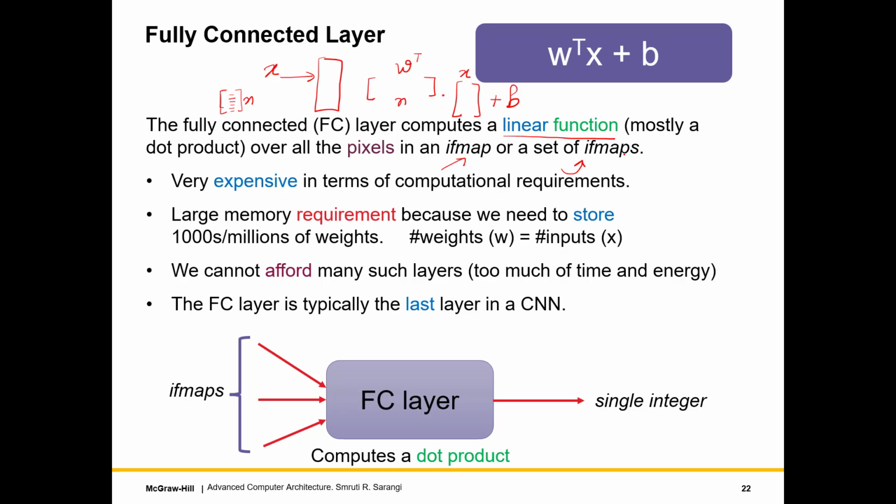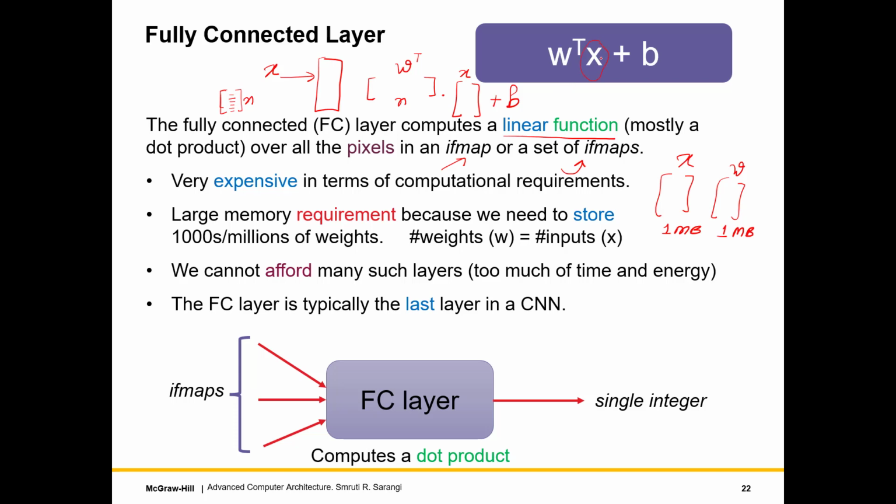For a large amount of data, which is what you would expect in a CNN, if let's say X is very large, say 1 megabyte, nowadays it's also in hundreds of gigabytes, but let's say 1 megabyte, then W also has to be roughly the same size. If the data representation is the same, it'll again be 1 megabyte. So we are essentially doubling the storage space, which means we need more memory, more fetching, more prefetching, and we are dealing with a much larger quantity.